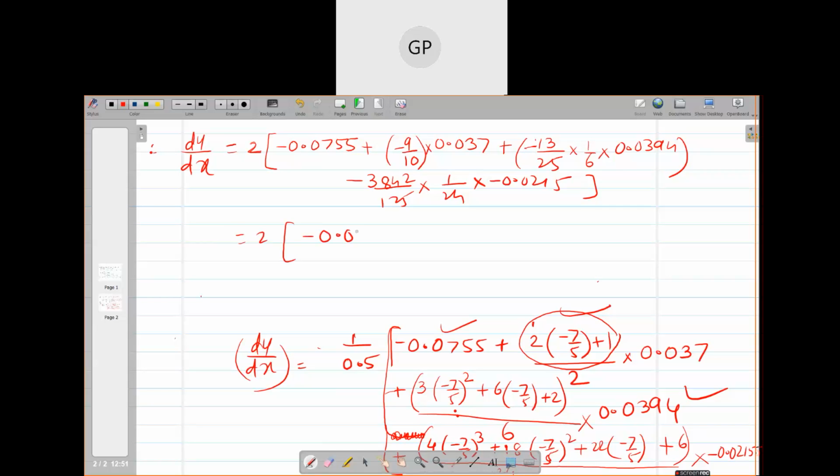This is minus 0.0755 minus, now I'll do this by 10, so minus 9 into 0.0037 it will be. This will become minus 13 upon 15 into 0.00394. I divided this by 10, okay. And the last term, okay. Wait a minute.